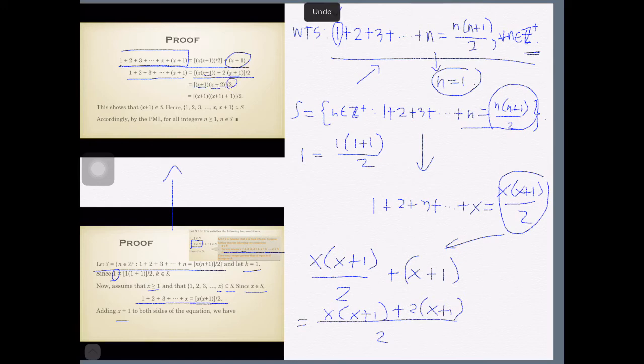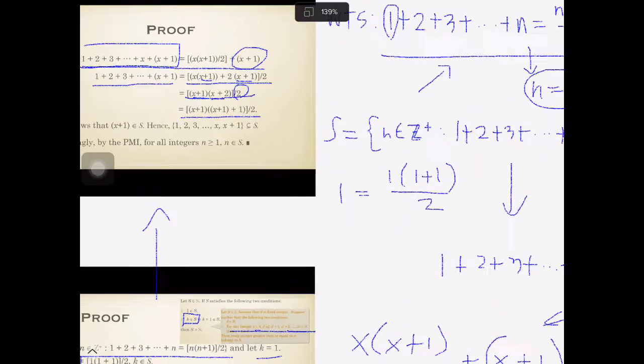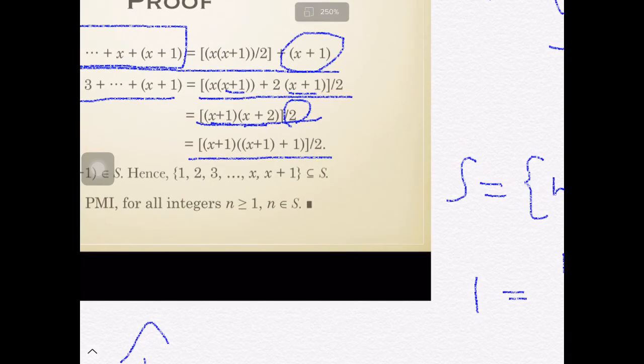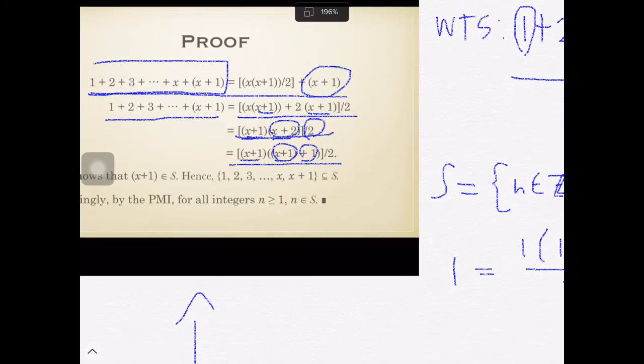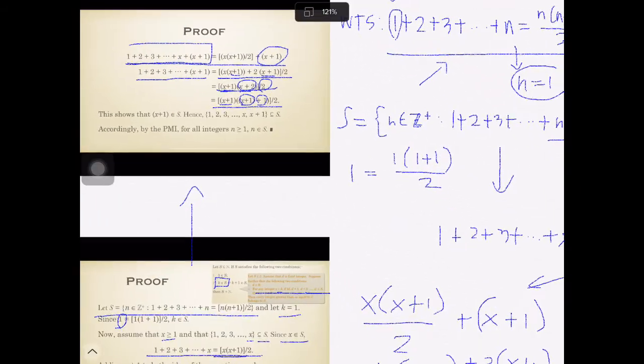Notice that this would just be equal to this. Let's look. X plus 2 is the same thing as x plus 1 plus 1, right? And this one right here would still be just the same. Now what's with that expression?